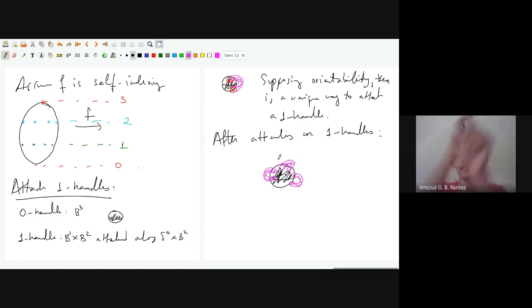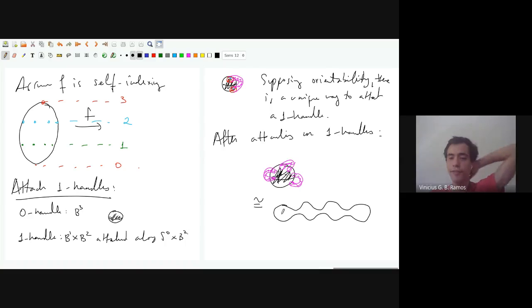You can always slide these handles to make them have the standard picture. So what you get after attaching m handles is a compact three manifold, which you can think of as taking a beautiful embedding of the genus m surface in R3 and taking the interior of it.